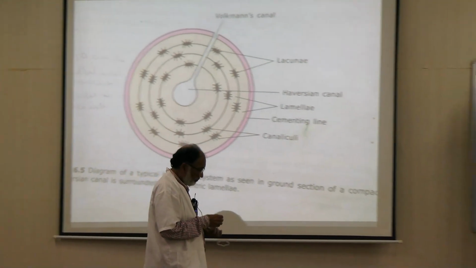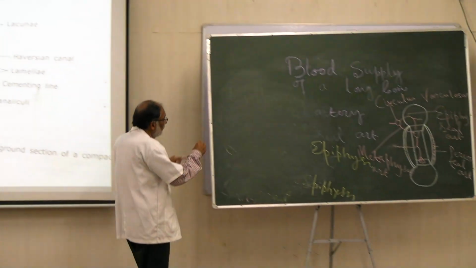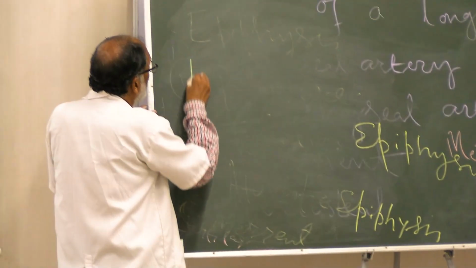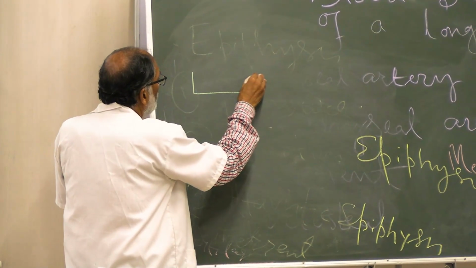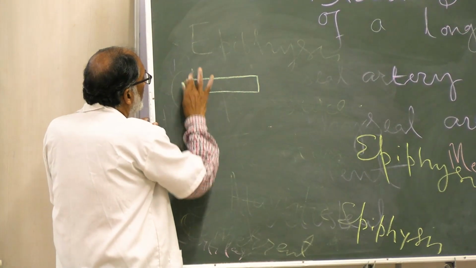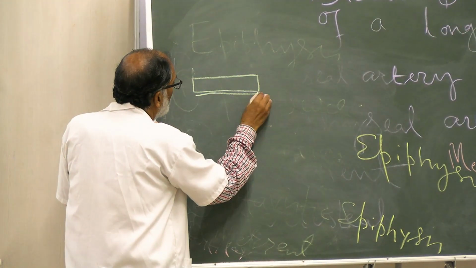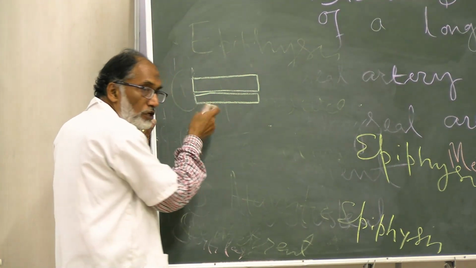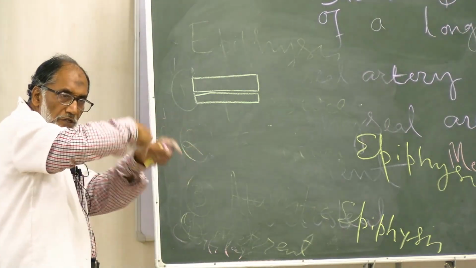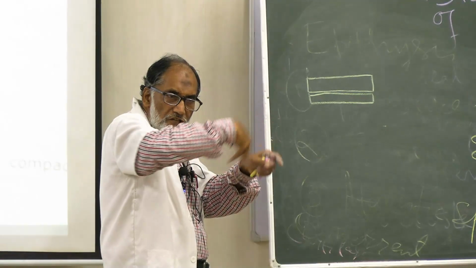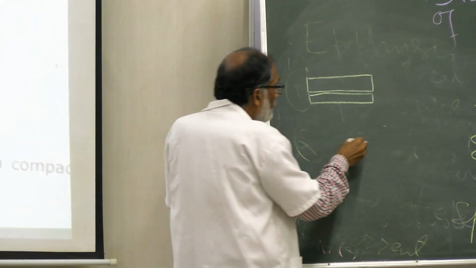Suppose here one layer of bone developed, another layer has developed. In this way bone will develop. If you arrange it concentrically, it will look like this.